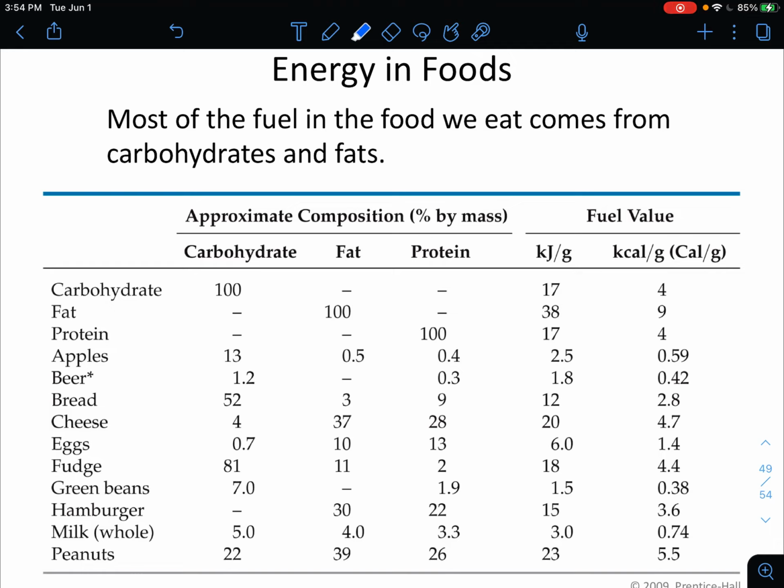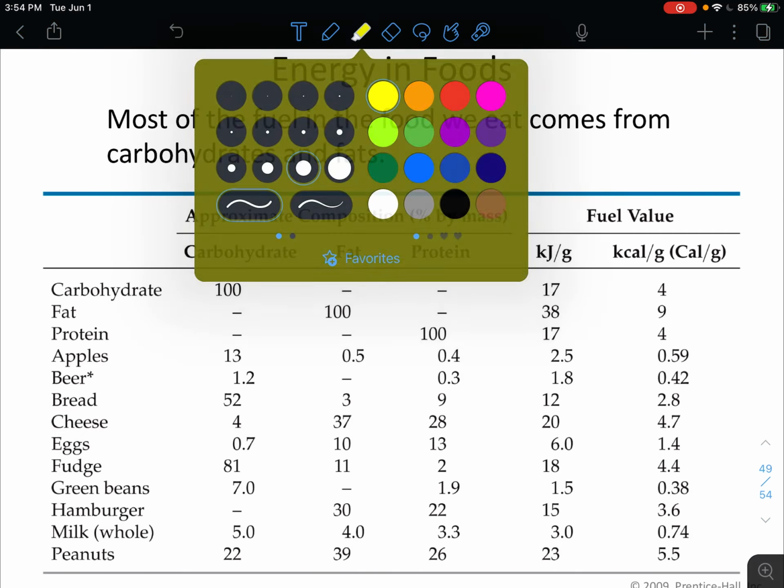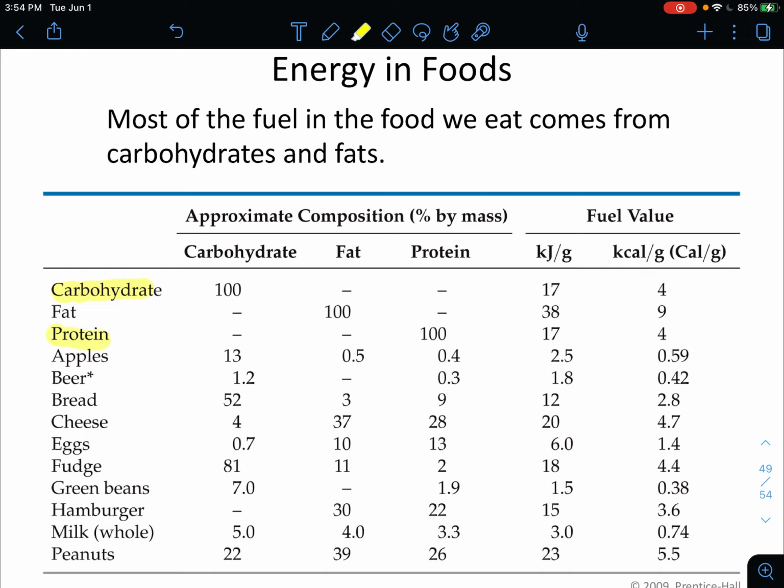These last 4 or 5 slides are just kind of extra information, nothing I'm going to ask you about. Since we're talking about energy, you might know about this 4-4-9 rule for carbs, fat, and protein, right? In terms of fuel value, carbs and protein give you 4 kilocalories per gram, whereas fat is 9 kilocalories per gram.